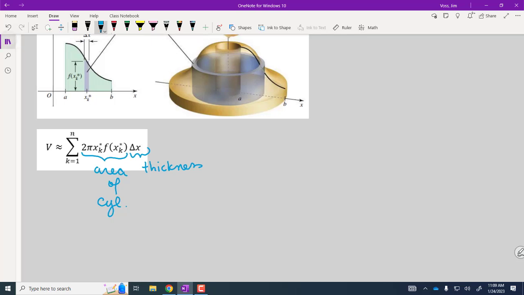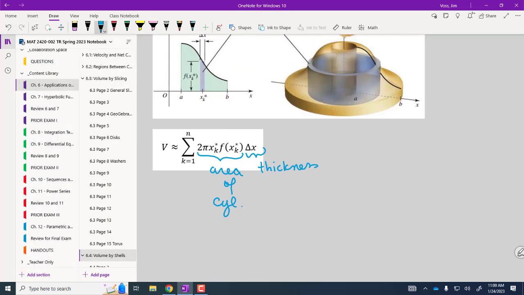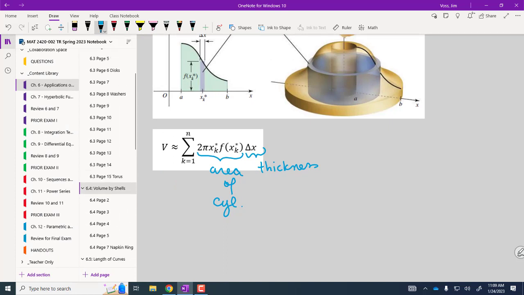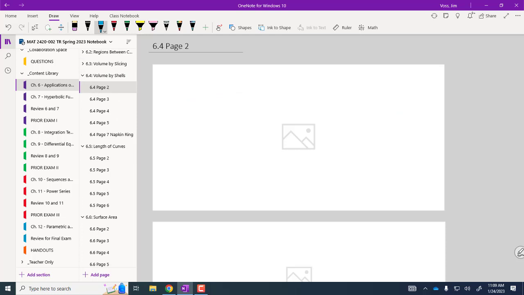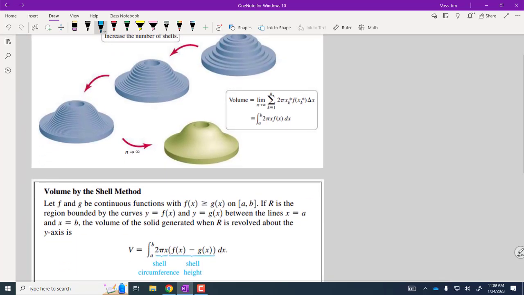Add them all up, and then we wave our magic wand. We take the limit of that Riemann sum, and we know by now that the limit of a Riemann sum gives us a definite integral. So there is our definite integral. As n increases, you can see that these slices are better approximating, and then when we take the limit, we get the exact volume. So limit of a Riemann sum is a definite integral.